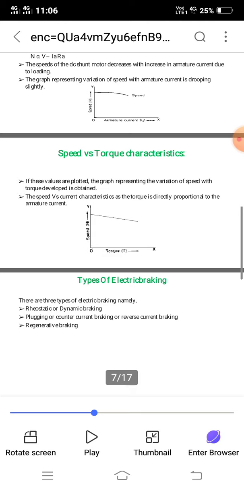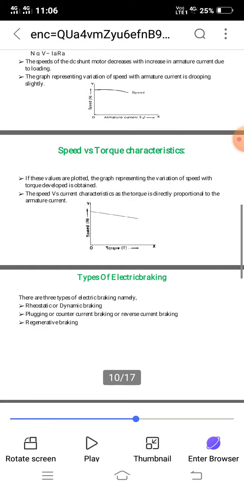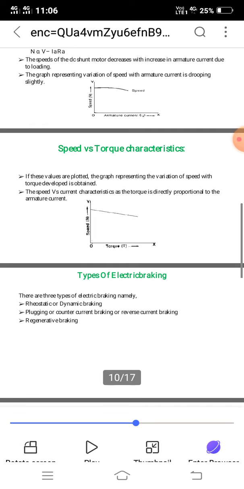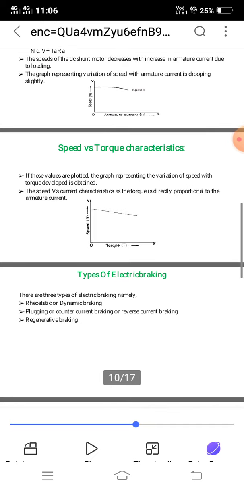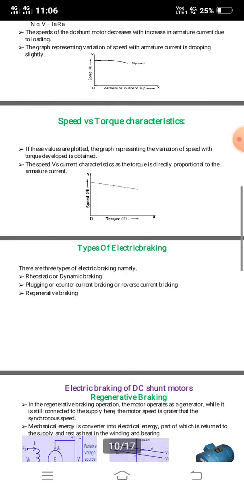Meanwhile, the speed is inversely proportional to the torque. So when the torque gradually rises, speed will reduce. The graph says speed versus torque is always inversely proportional.